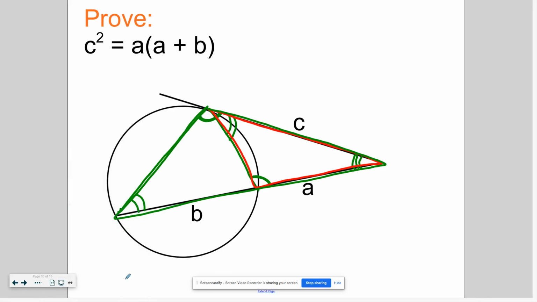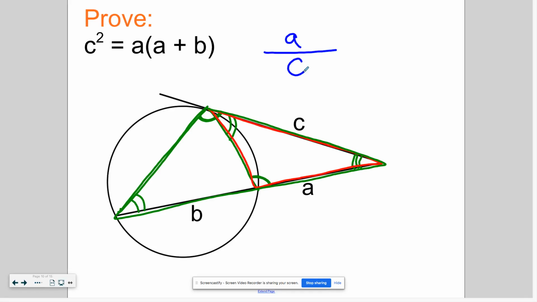So if we want to prove a rule on this, it's just what we did before, writing a proportion with similar triangles. Let me take A on the red triangle. If you flip that over, it'll correspond to C on the green triangle. You have to flip one of them over to get the triangles to match up.